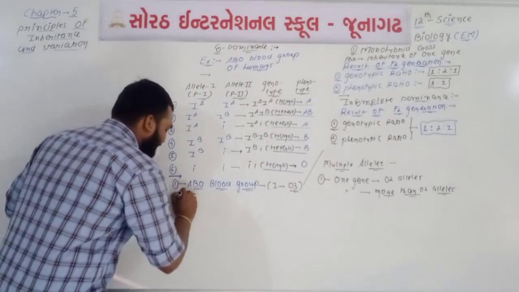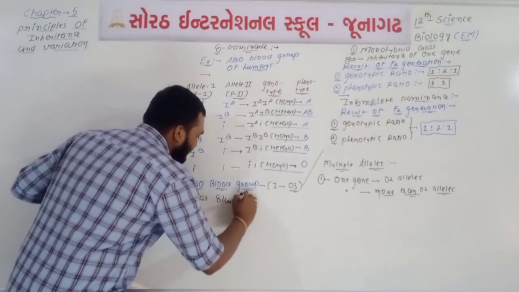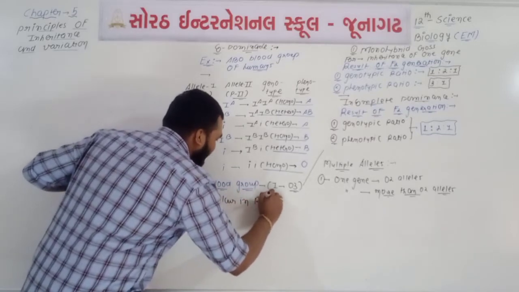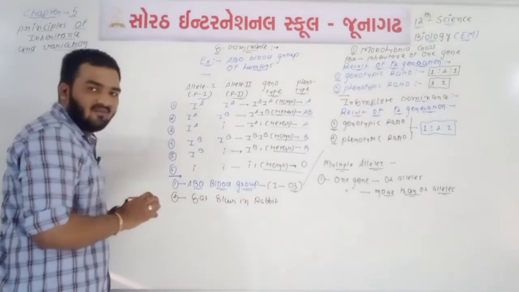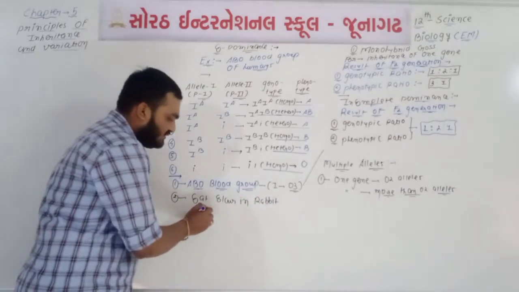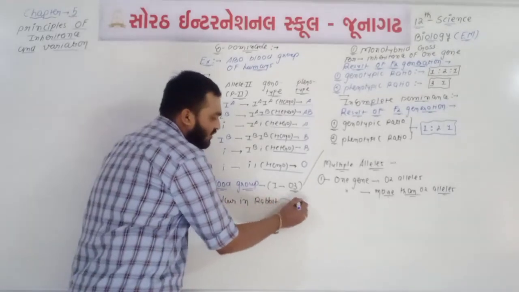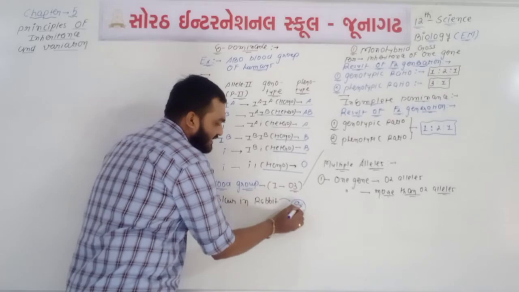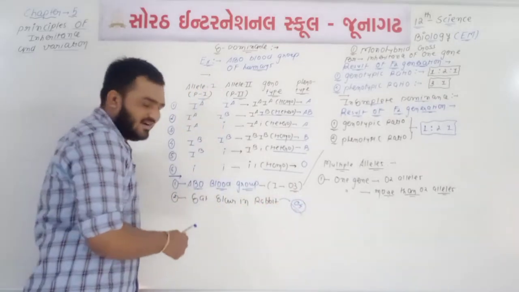The second example of multiple alleles is the coat color in rabbits. This coat color gene has 4 different types of alleles. It is not included in the syllabus of your state board.